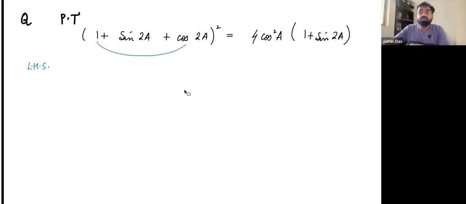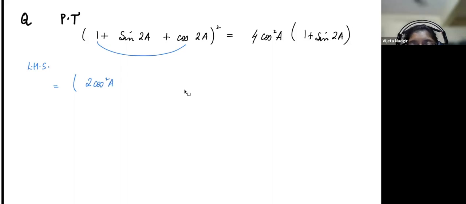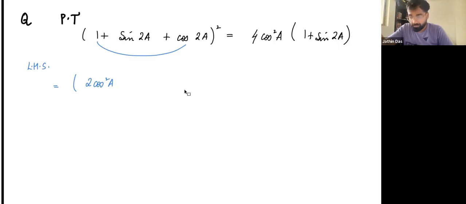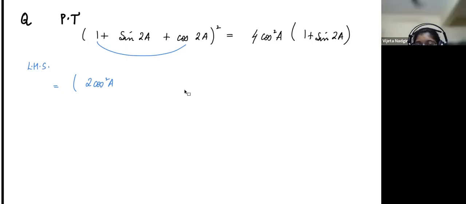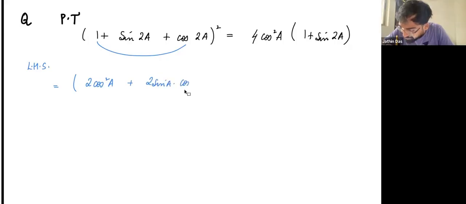What is 1 plus cos 2a? 2 cos square a. 1 minus cos 2a is 2 sin square a. But sin 2a, how will I split? Now I'm getting all in a's angle. So how will I split it? 2 sin a cos a. And all this is running inside the square.